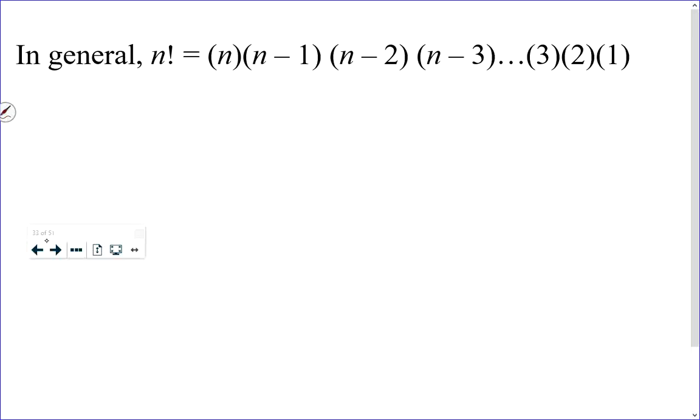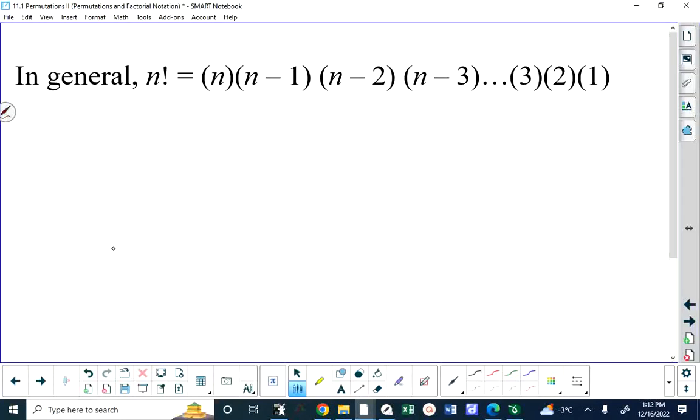Okay? N can be 0. 0 factorial is defined, and we'll define it in a second. But in this course, you cannot take the factorial of non-whole numbers.